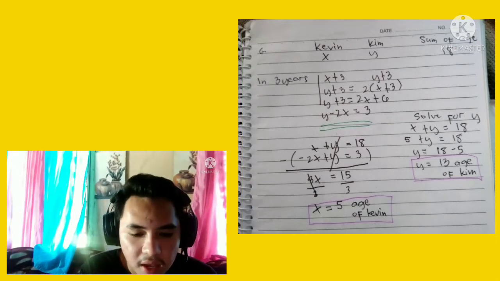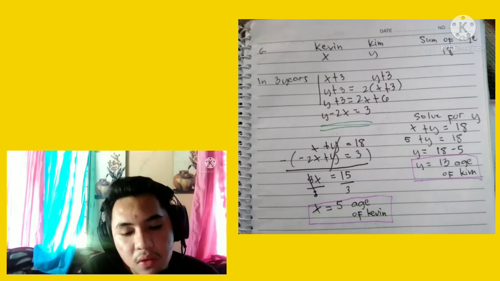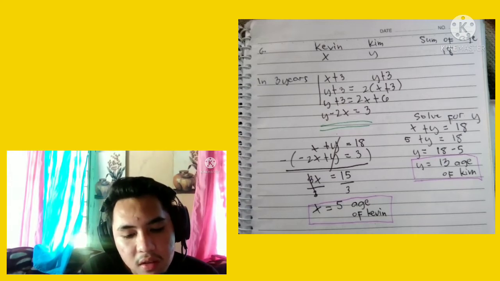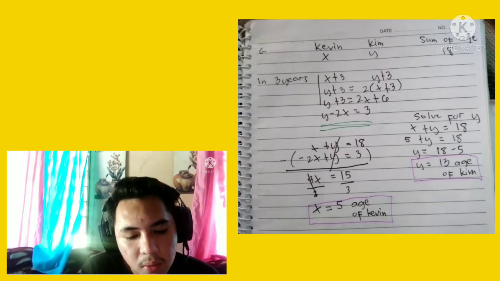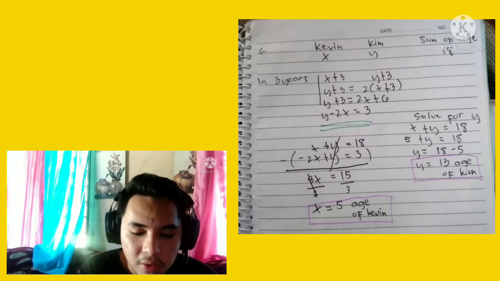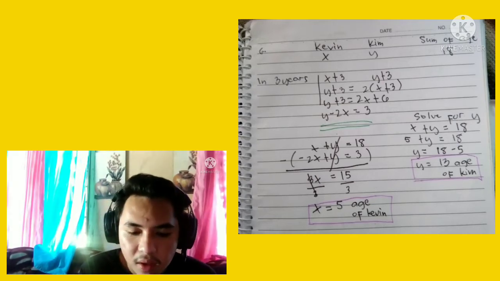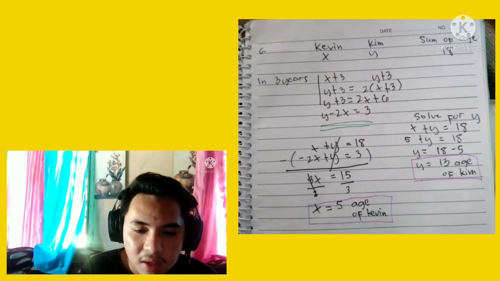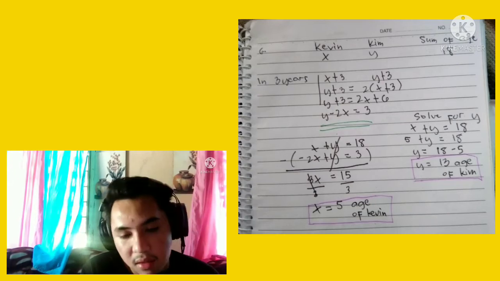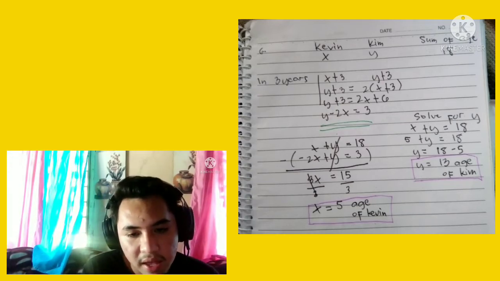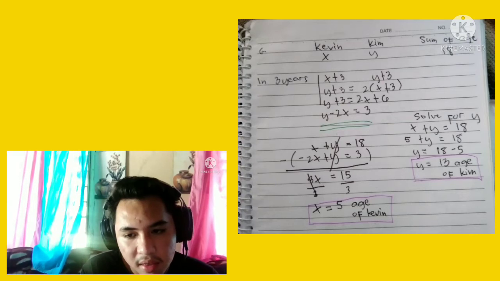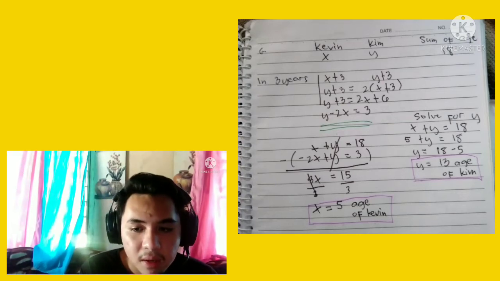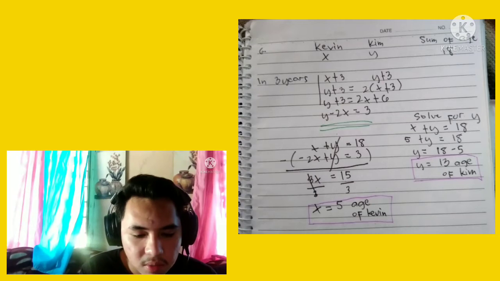So we solve: y plus 3 equals 2x plus 6, and we will get y minus 2x equals 3. That is our first equation. And our second equation will be x plus y equals 18, because Kevin is x and Kim is y, and the sum of their ages is 18. So we now have here a system of equations.